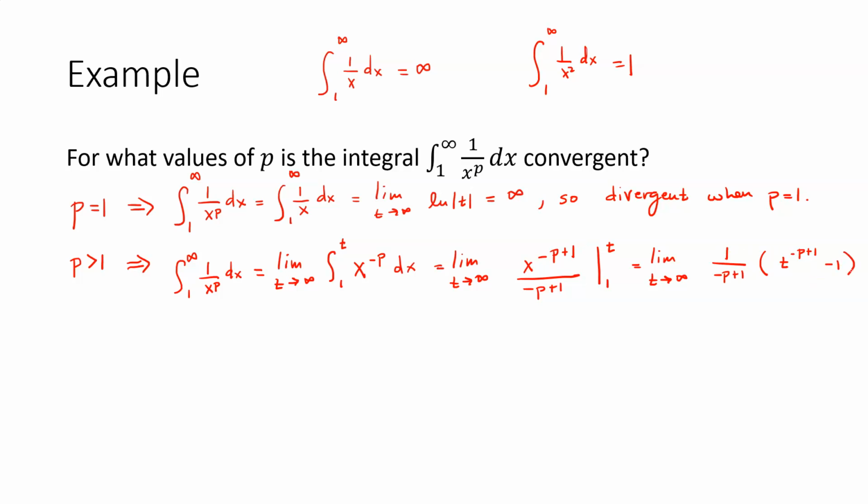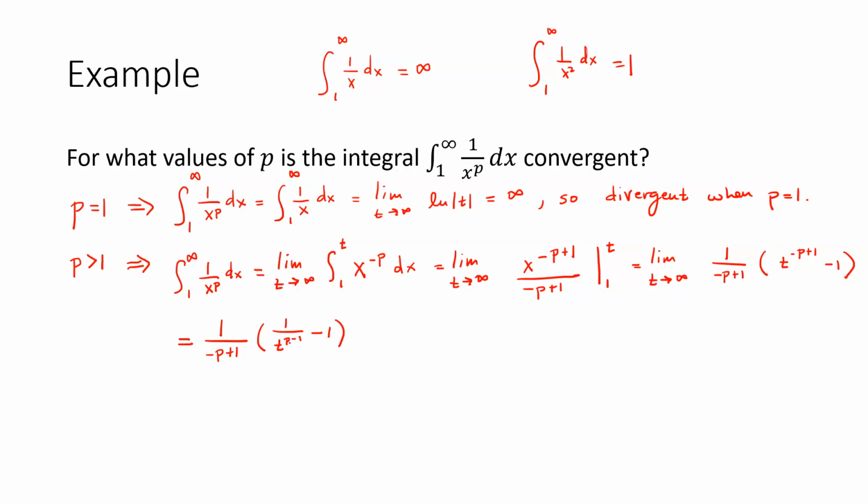So minus 1. And in this case, if p is greater than 1, then I can write this as 1 over negative p plus 1 times 1 over t to the p minus 1. There I'm switching it to a negative power, or switching the sign of the power.